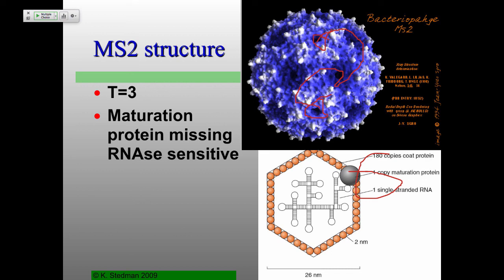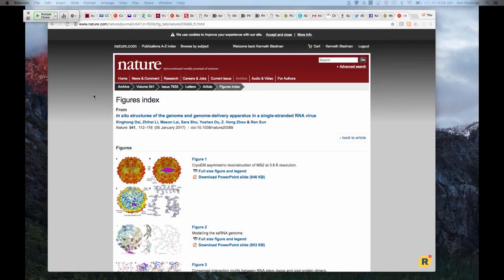But before I forget, this used to be the highest resolution structure of MS2, and we didn't know where the maturation protein was until earlier this year. This is January 2017, where people did cryo-EM structures of single-stranded RNA viruses.